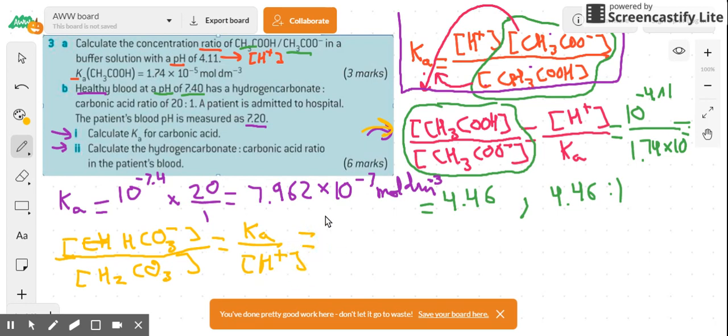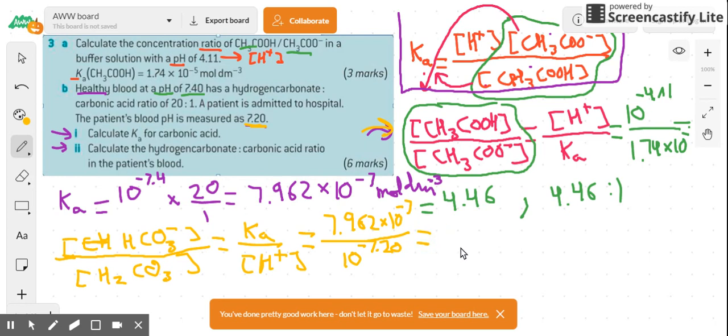We know the Ka from before, which was 7.962 times 10 to the power of minus 7 divided by the concentration of protons, which in this case is going to be 10 to the power of minus 7.20, as we are talking about the patient.